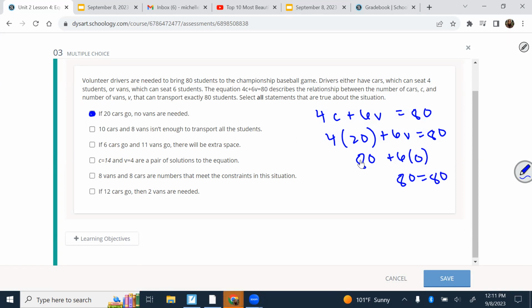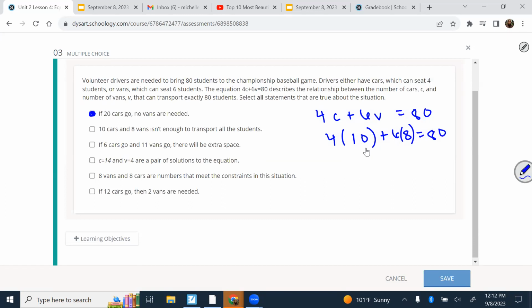So if 10 cars go, I'll use what I already have over here. If 10 cars go and 8 vans, I have to plug in 8 for the van. That will not be enough.